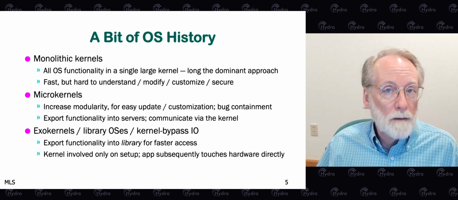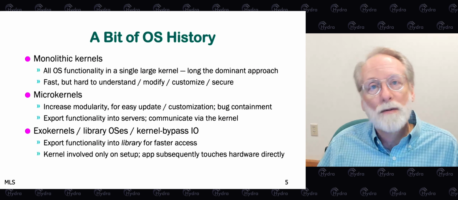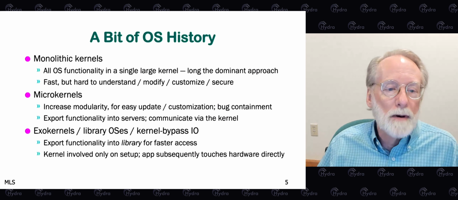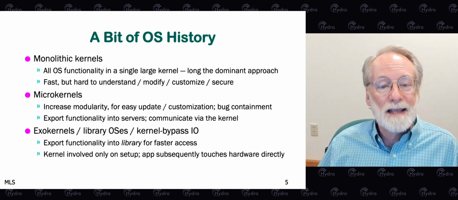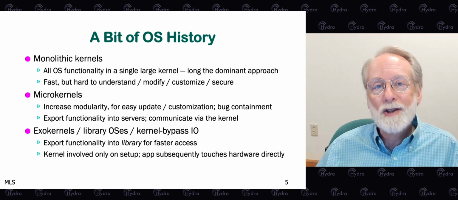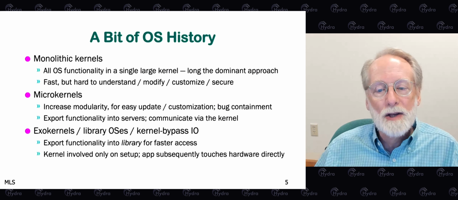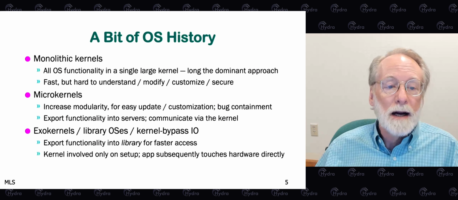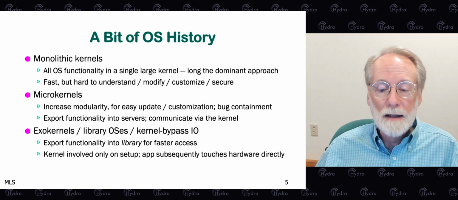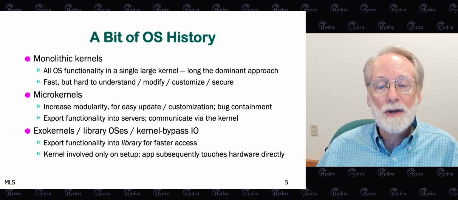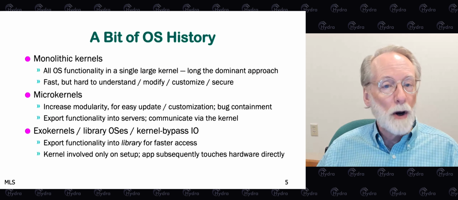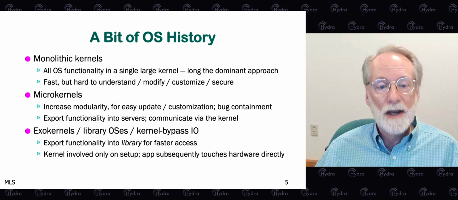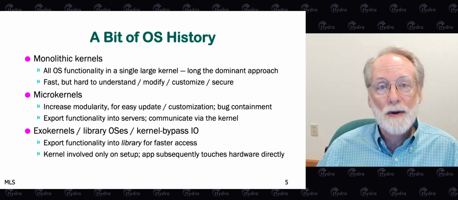There's also been a lot of work, both historically and more recently, on so-called library operating systems, which export functionality into user space, but link that functionality directly into user applications. So for instance, an exokernel might allow an application to use particular physical memory pages, but not impose any expectations on how the application was going to manage those pages.